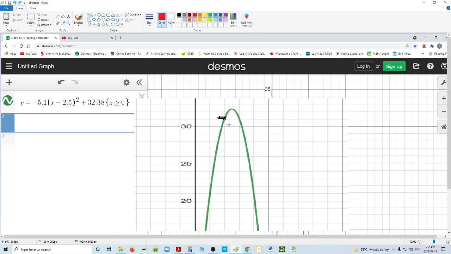Whereas if I take the interval left and right, I'm getting slopes on the left that look like this, which are somewhat accurate, but I'm getting slopes on the right side that look way off and don't give me any information at all. So you really have to know what you're studying and realize that to get a good idea of this slope here, you really have to focus on this side of the parabola.